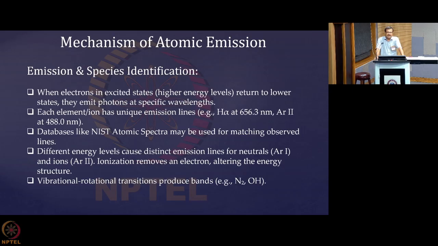Now each element or ion has unique emission lines, this H alpha, H beta, you see the very particular wavelength. So whenever you do the measurement, irrespective of space, you will be getting these emission lines. Now how do you then identify the species from the emission lines?